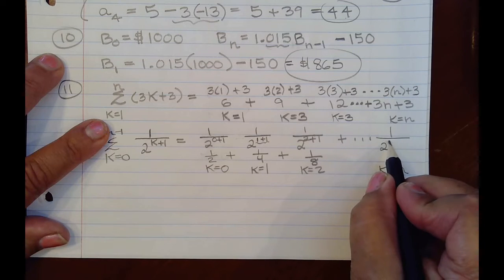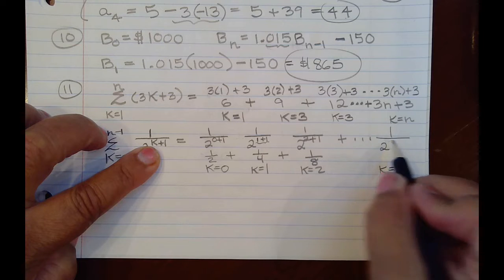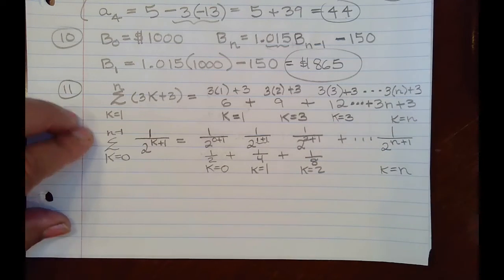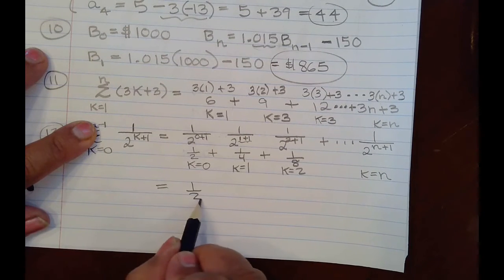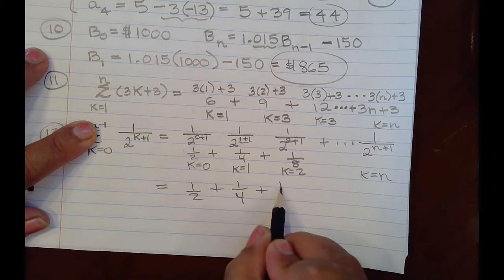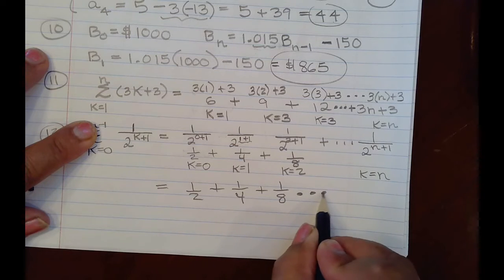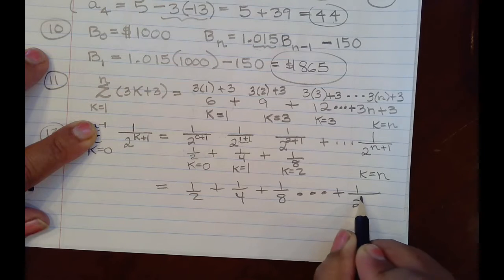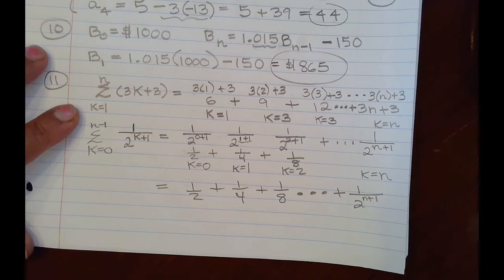So it would be 2 raised to a power of k plus 1, but my k value is n. If you want to give this in a cleaner way, it's 1 half, 1 fourth, 1 eighth, and then you just go with dots, showing that the last fraction is written like this. Just writing it a little bit more neatly.